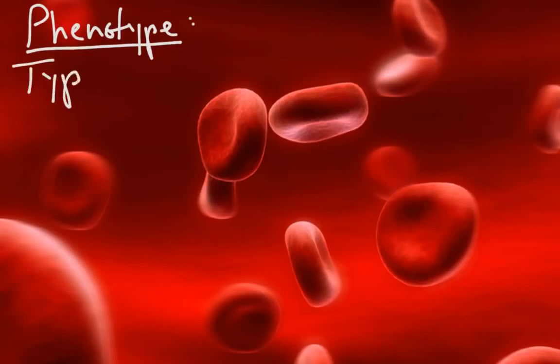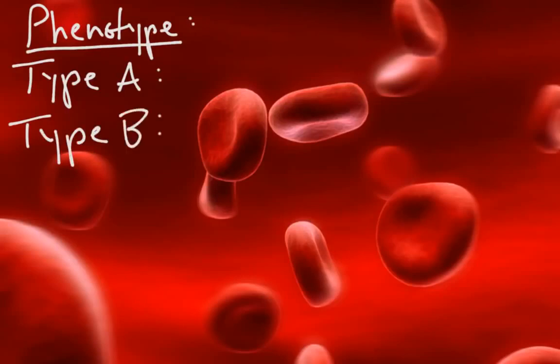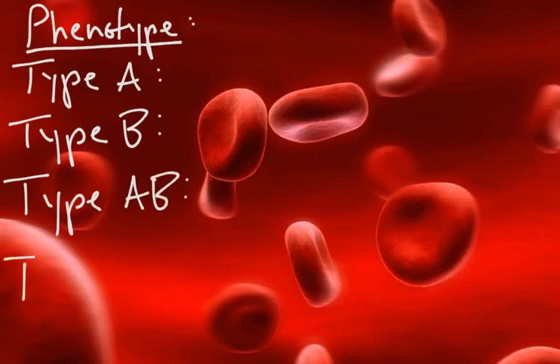You can be phenotypically type A, you can be type B, you can have type AB, or you can be type O. So those are our 4 phenotypes.